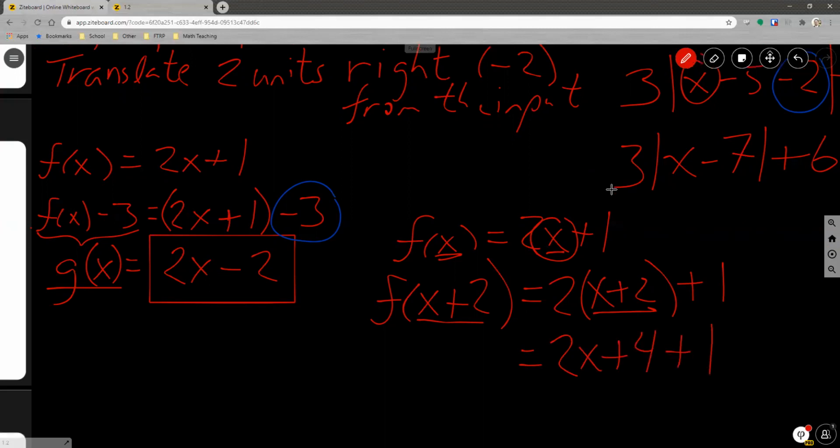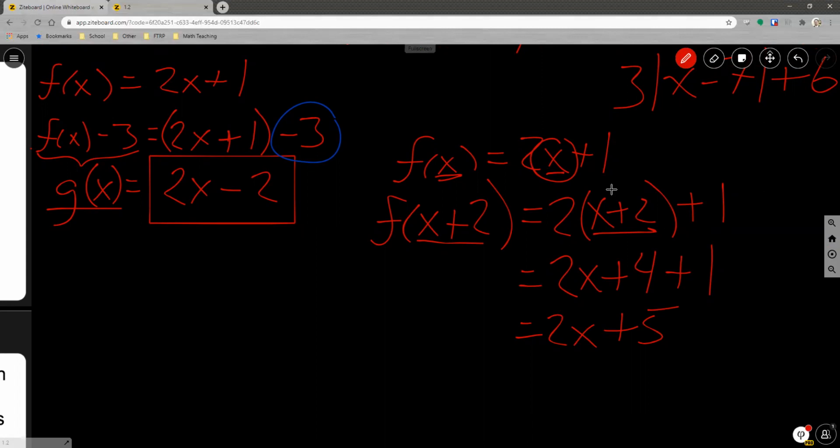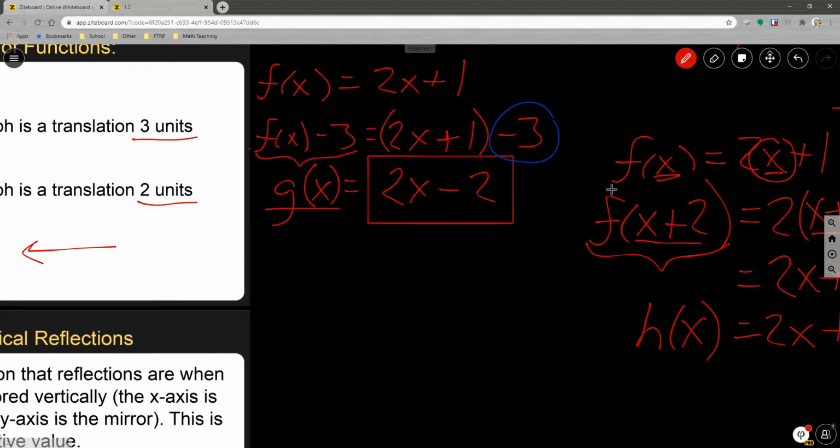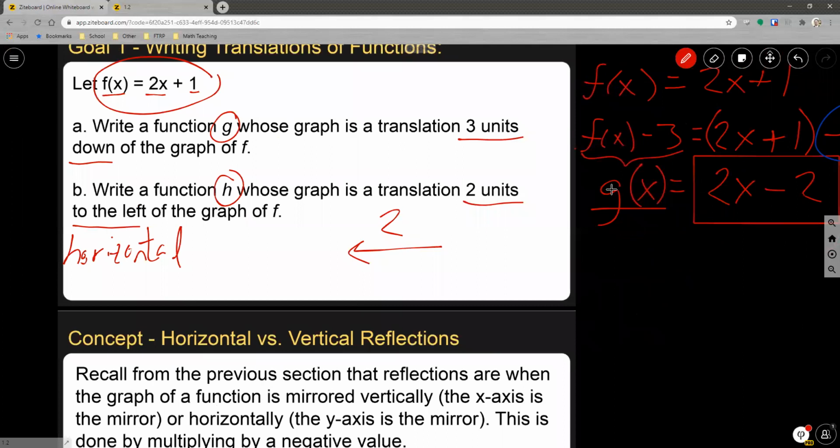Add 1. Finish it out by turning it into 2x plus 5. That becomes my new graph, and again, I can rewrite this as the new function, h of x. So that's goal number 1.